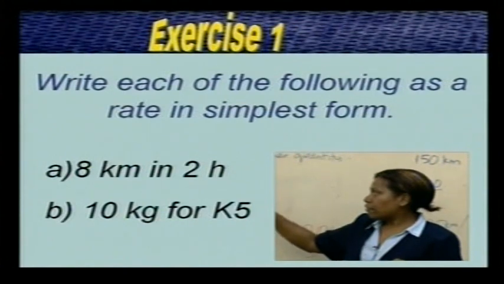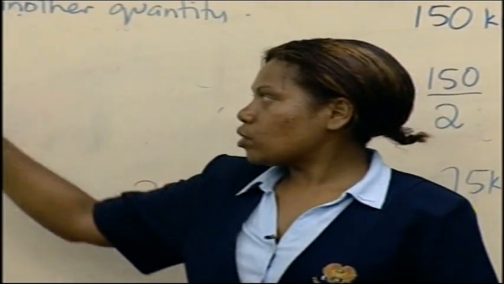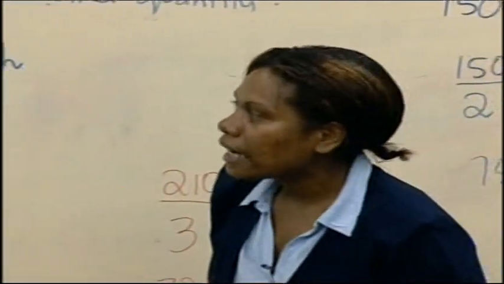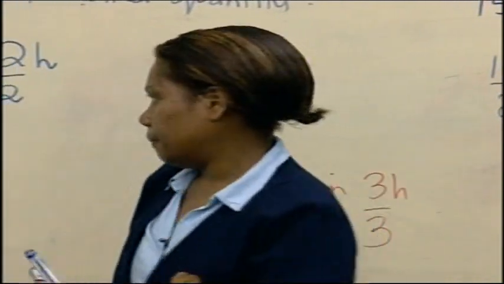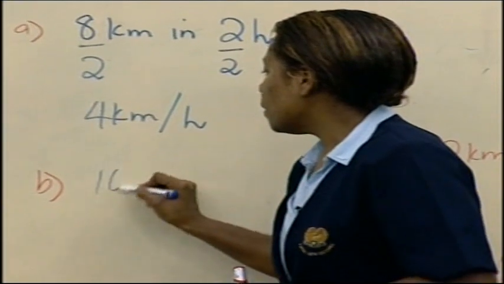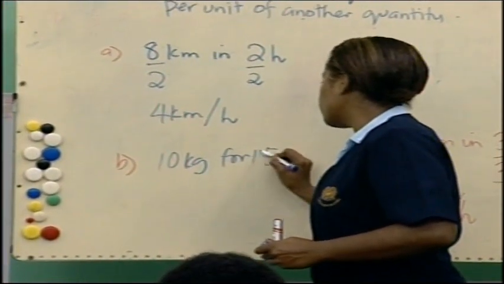So if he travels in 2 hours, 4 times 2, he will have traveled 8 kilometers. Okay, good. Next one, B. 10 kilogram for 5 kina. We divide by 5. Very good.